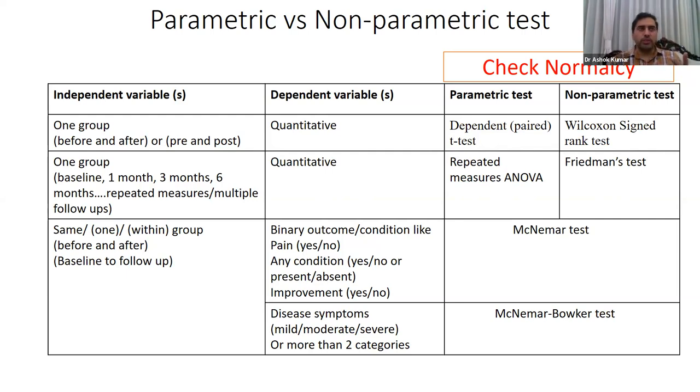For example, any patient, a hypertensive patient or a cancer patient, and we measure their quality of life at baseline, then 3 months, and then 6 months. So it is more than 2 times, and we go for either repeated measure ANOVA or the Friedman test according to normality.